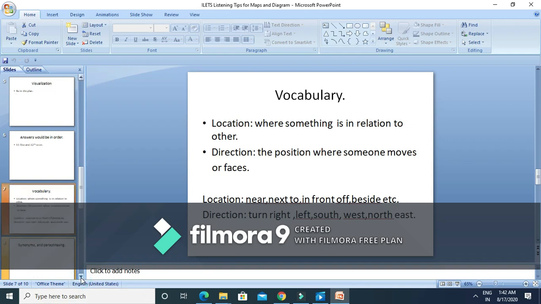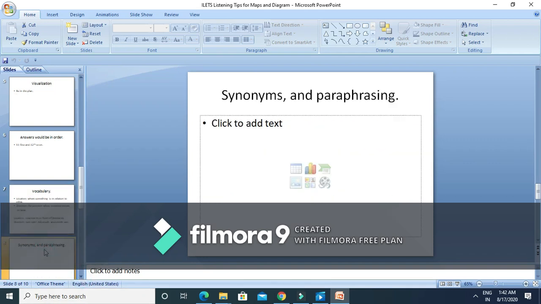Let's move to the next tip, synonyms and paraphrasing. That's a very important thing. For example, in a question you may see a word called Almira, and when you listen to a particular recording, you'll get to remember.